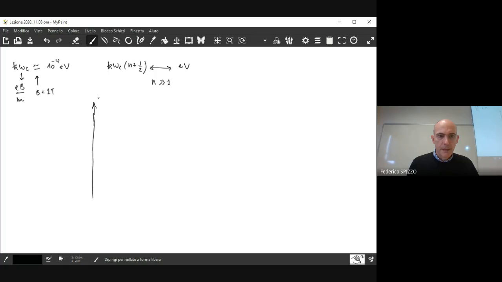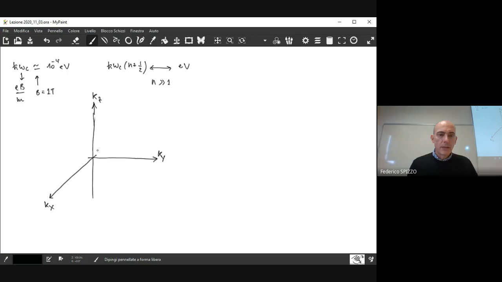If this is the Z direction, so we have the three orientations. For free electrons, in the reciprocal space, maybe it's better to write kx, ky, and kz, so it's clear that we are in the reciprocal space.